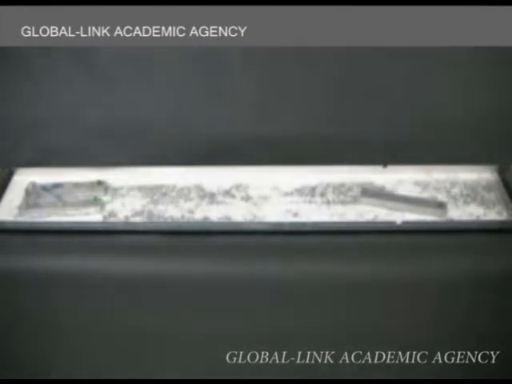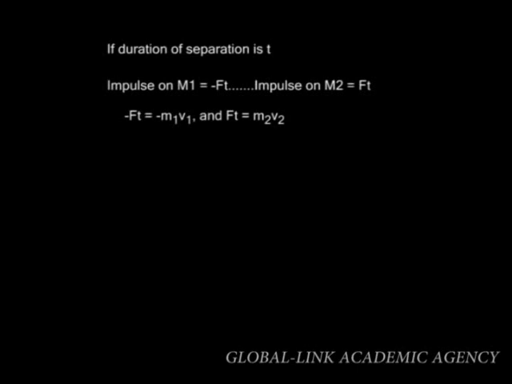If the duration of the separation is t, the impulse given to m1 is minus Ft, and the impulse given to m2 is plus Ft. The impulses are equal to the corresponding change of momentum for each body. That is, minus Ft is equal to minus m1 v1, and plus Ft is equal to plus m2 v2.